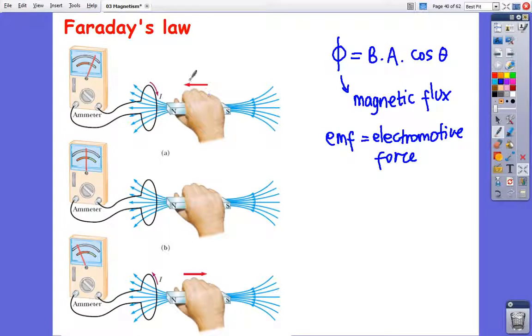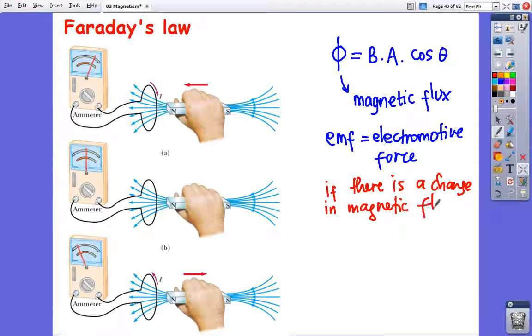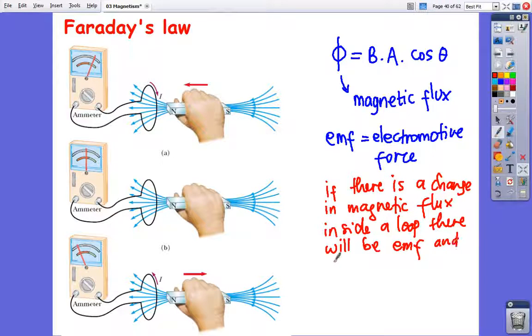So from this picture we can say that if there is a change in magnetic flux inside the loop, there will be EMF and electric current.